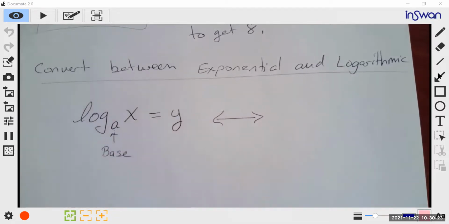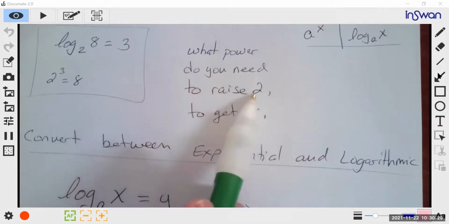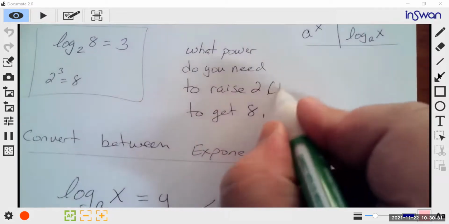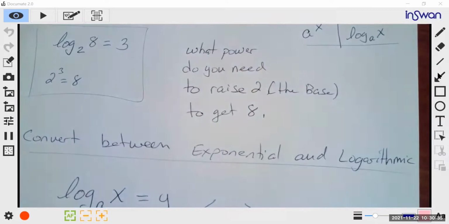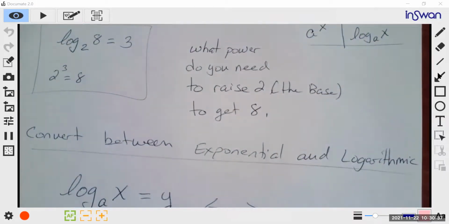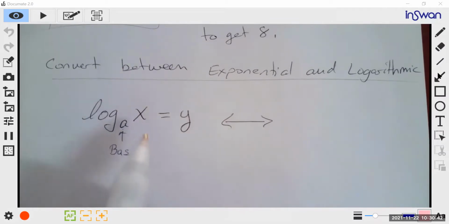It's always going to remain the base. As I said earlier, what power do you have to raise the base to, to get 8? But in this one, what power of A gives you x?